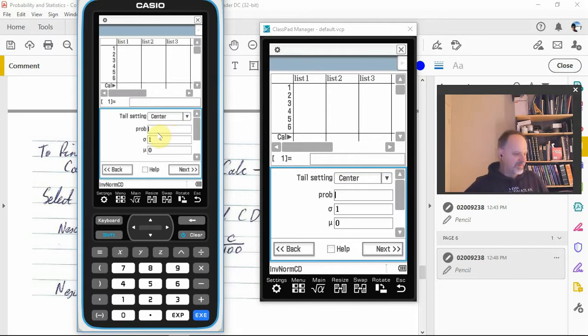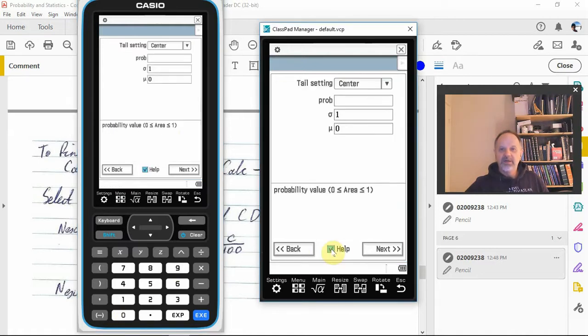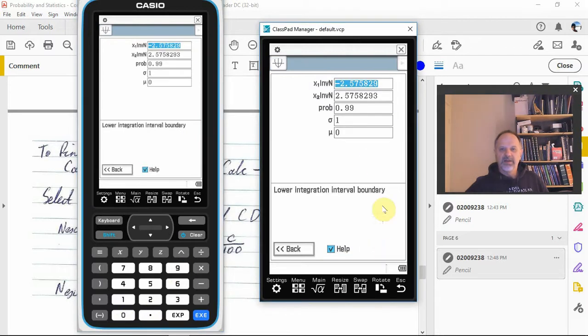And so probability, what probability are we after? If we want a 99% probability, it's between 0 and 1, so if we want 99, it's 0.99. And then we go next.